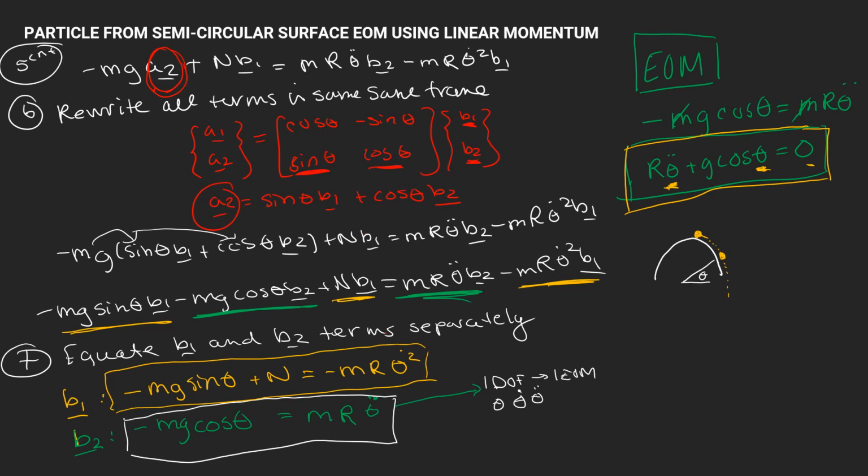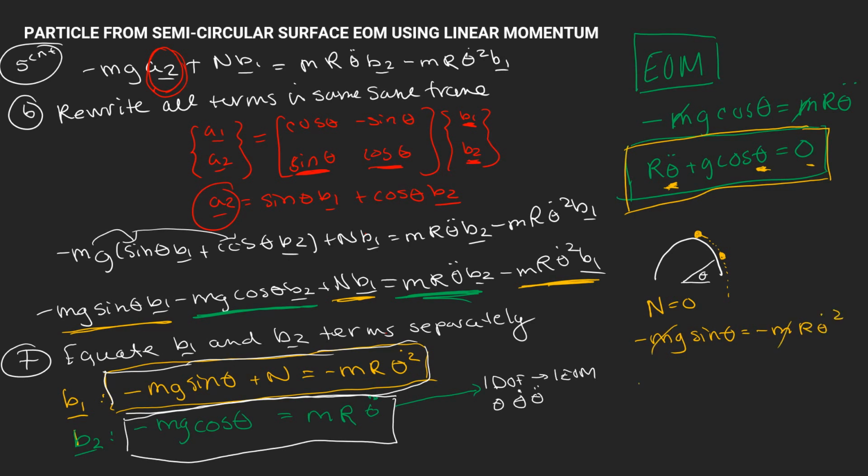And you can actually use this equation to find that. When the particle is separated from the surface, n is equal to 0. So we can take this equation here and set n equal to 0. Now we have negative mg sine theta equal to negative mr theta dot squared.